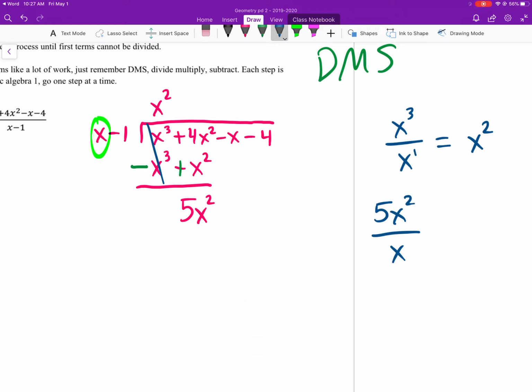Keep in mind, once again, that's an exponent of 1, and that's equal to 5x. That's where you remember, when you're dividing, you're subtracting the exponents. So up top it was 3 minus 1, we got x squared. All right, this was 2 minus 1, so it's 5x to the first. All right, remember, after you divide, whatever you get, the quotient goes up top. So this would be plus 5x.